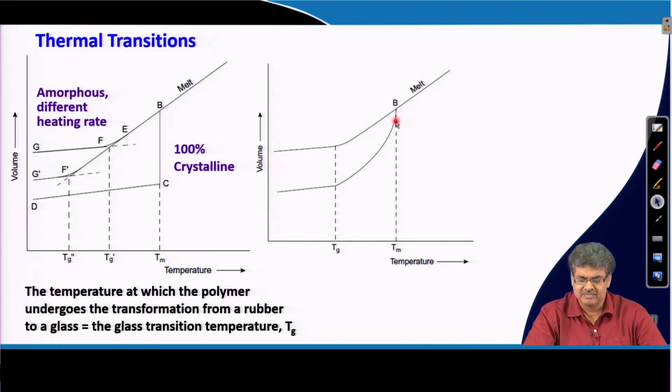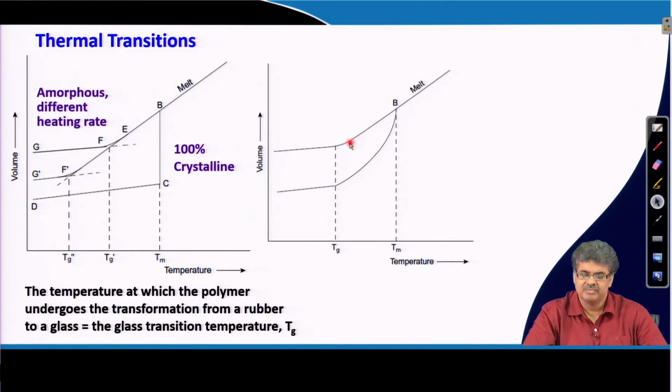So, there will be a range of temperature during which some of the polymer molecules will crystallize, and we again call it the melting temperature, but in this case there will be a range of temperature where these polymers will crystallize, and it will continue till we reach the glass transition temperature, below which the contraction becomes much lower.